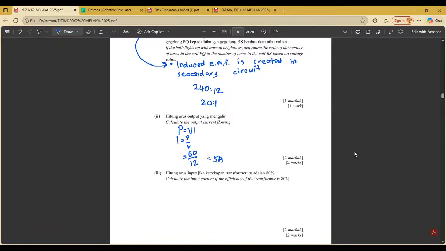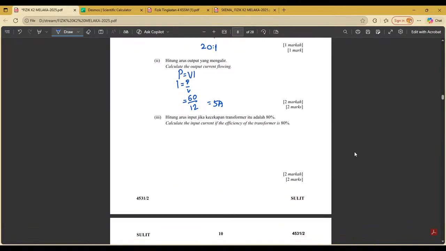Calculate the input power if the efficiency of the transformer is 80%. So efficiency equals P out over P in times 100%.